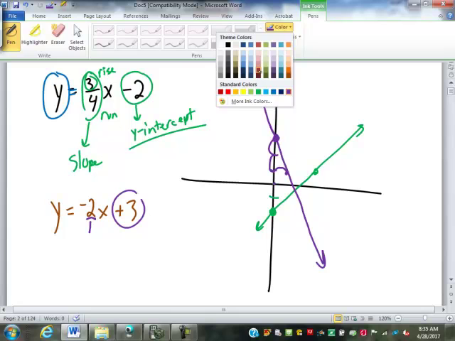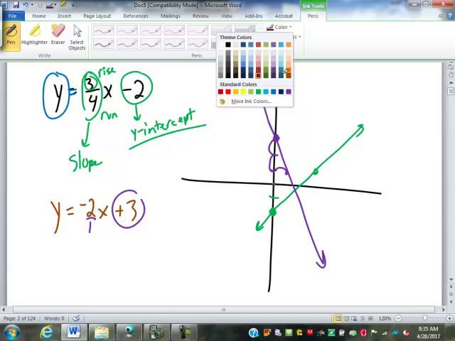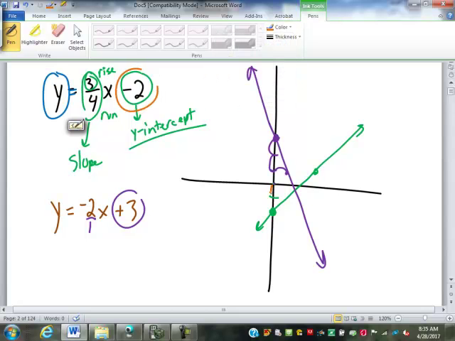Now, one of the difficulties here is when we're graphing, the first thing we do is go up or down. We did the -2 here, we went down 2. Or the +3 here, we went up 3. And then when we do the slope, we do the same thing. We go up or down first, and then we go over to the right.